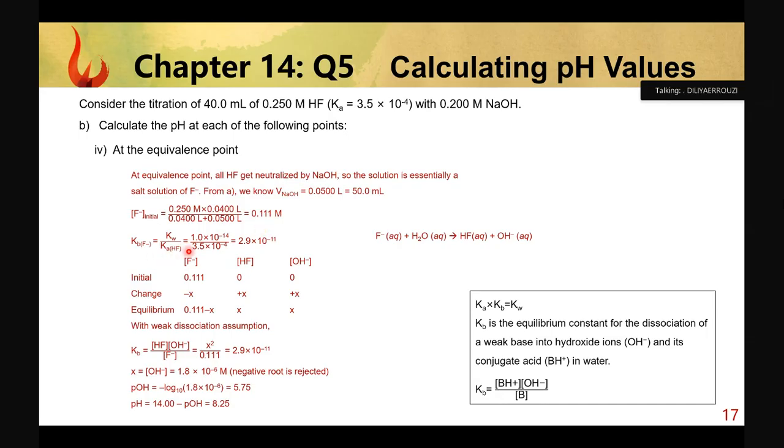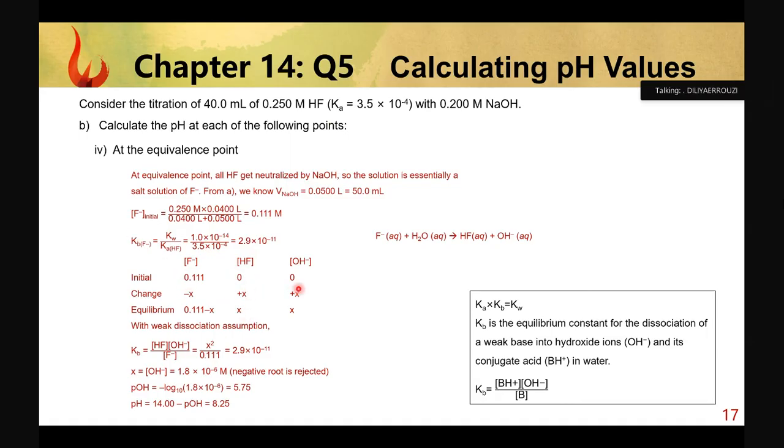Then we need to know the equation Ka multiplied by Kb equals Kw. Here Kw is 10 to the minus 14. Ka we know. We can directly bring it into the equation. So we can get the Kb.